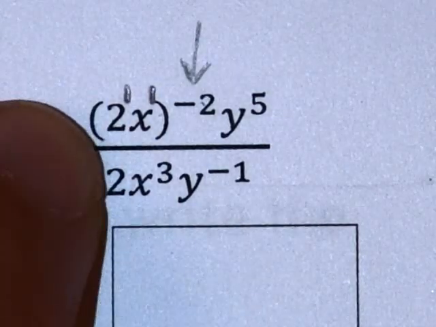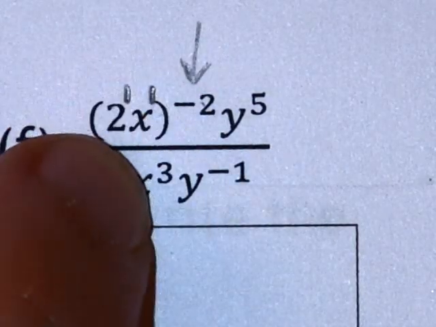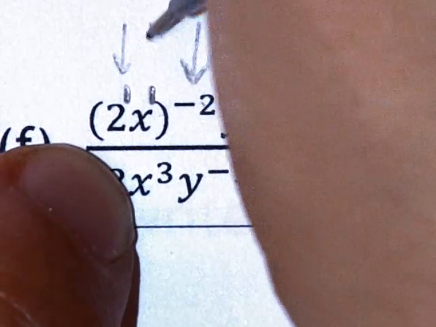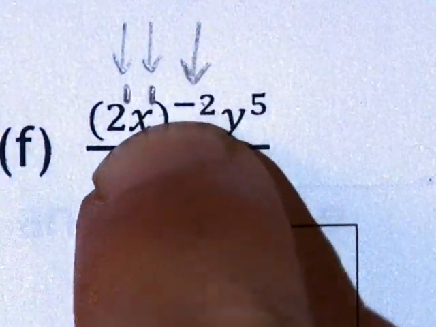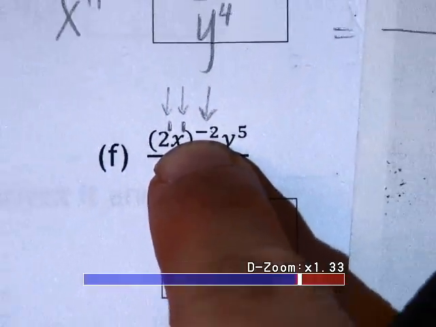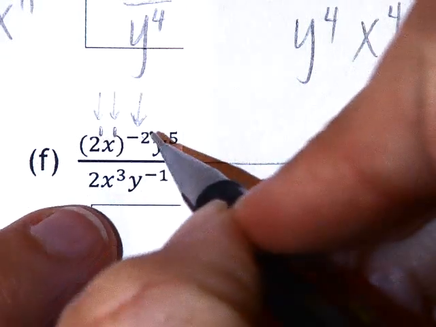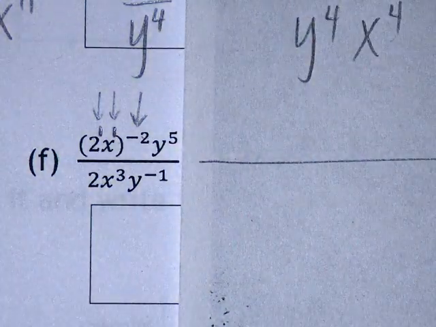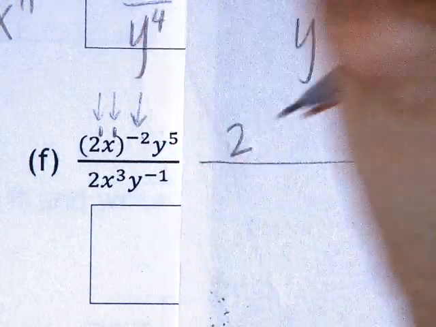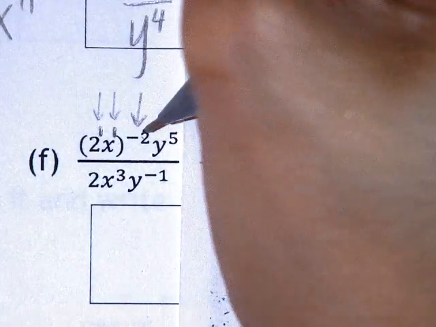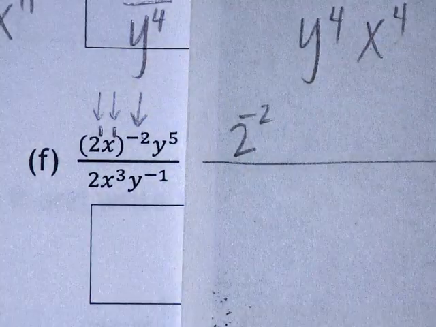This is like saying we have 1 two, and 1 x. And it's those individual exponents for which the exponent rule applies, the multiplication rule that I discussed as being a shortcut. So here's how I would do this. 2 to the power of 1 is being raised to the power of negative 2. I can multiply those exponents together, so that gives me 2 to the power of 1 times negative 2, which is negative 2.